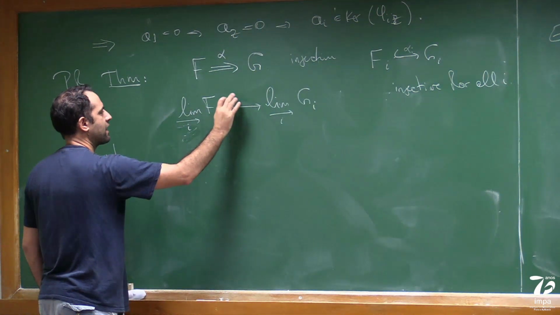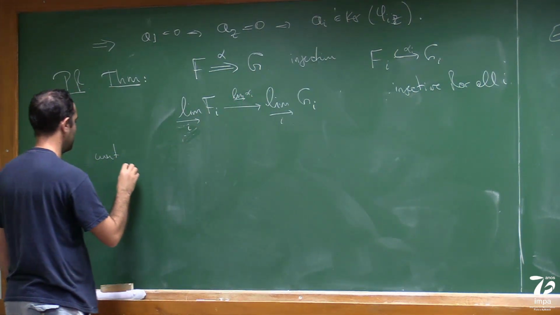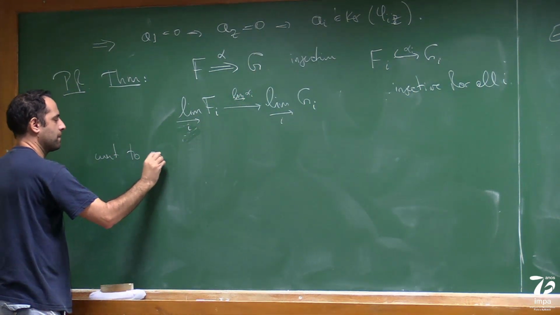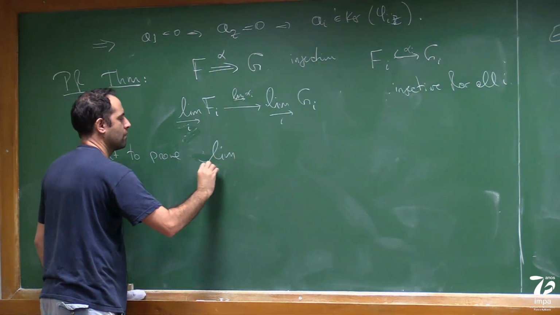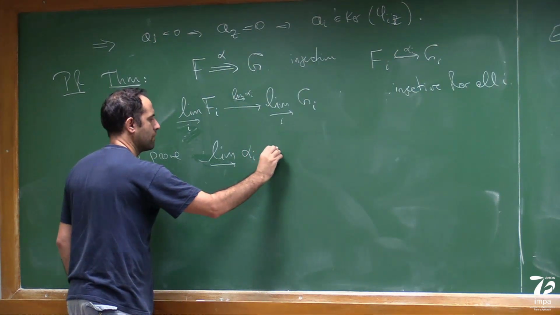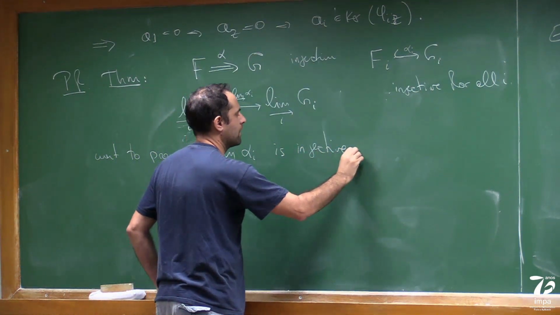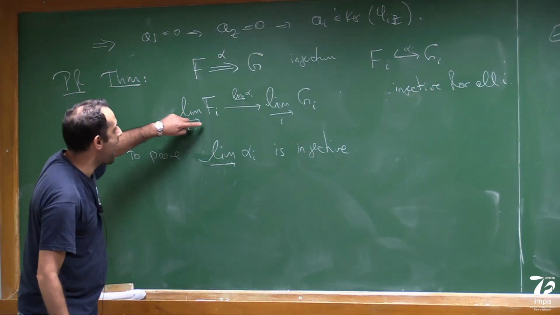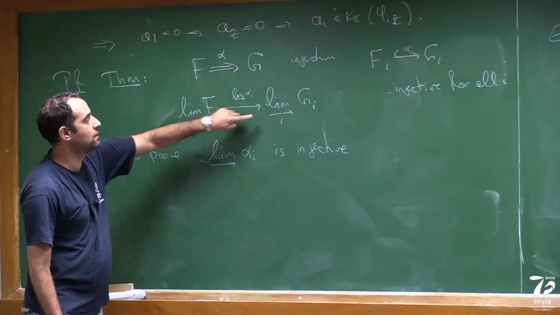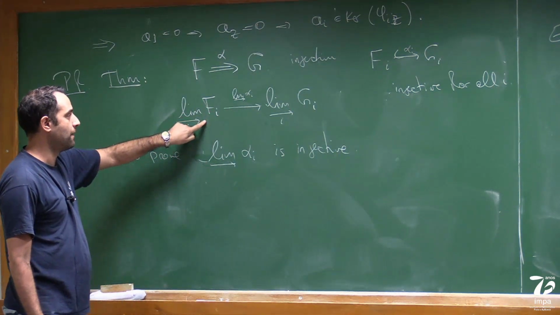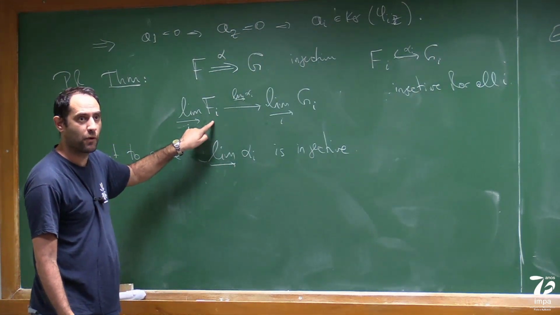Probably alpha is a bad idea, so let me call this the co-limit of alpha. So remember again how we constructed this guy, and now let's use explicitly the description of both of these co-limits.